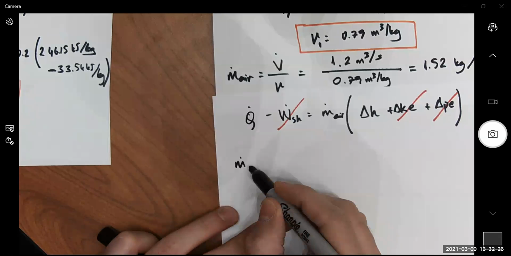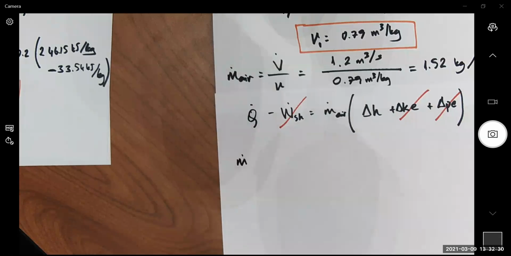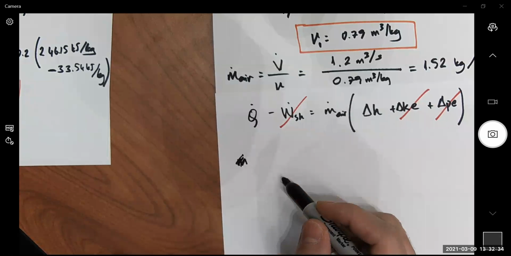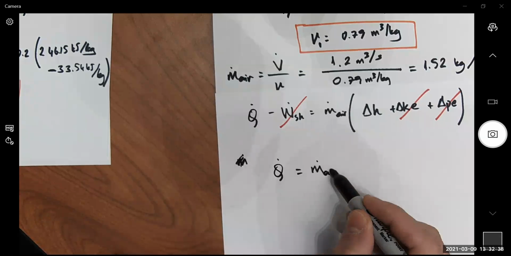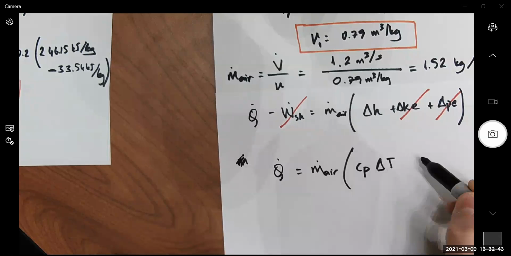Q equals the mass flow rate of the hot stream, Cp times delta T. That's it.